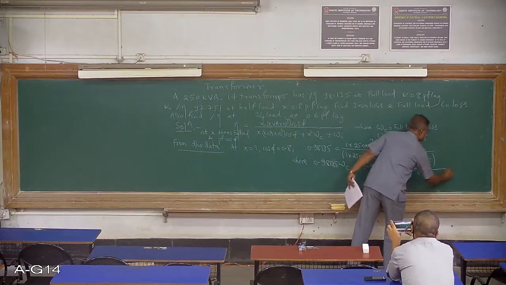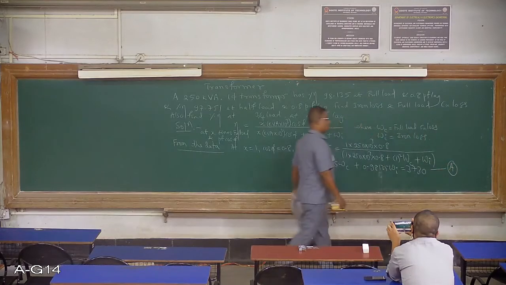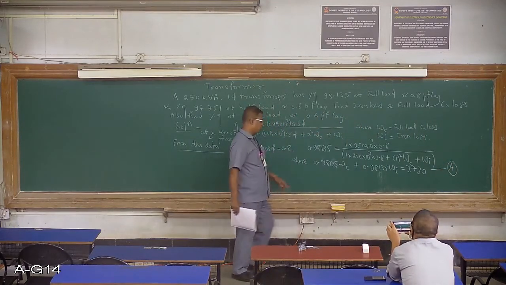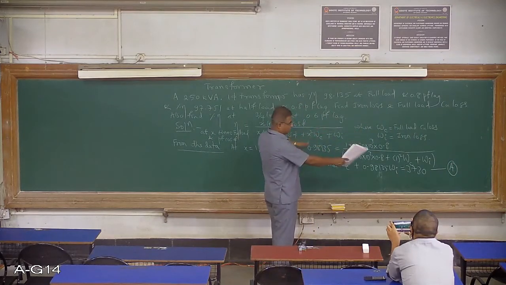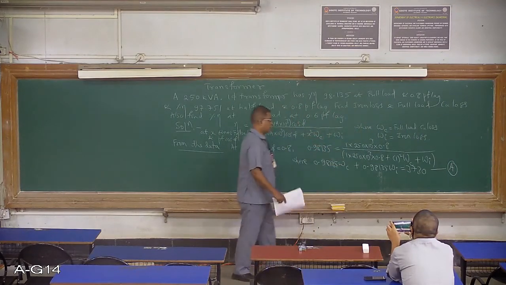This is equation A. So in terms of WC and WI, we have got this equation on cross multiplication.